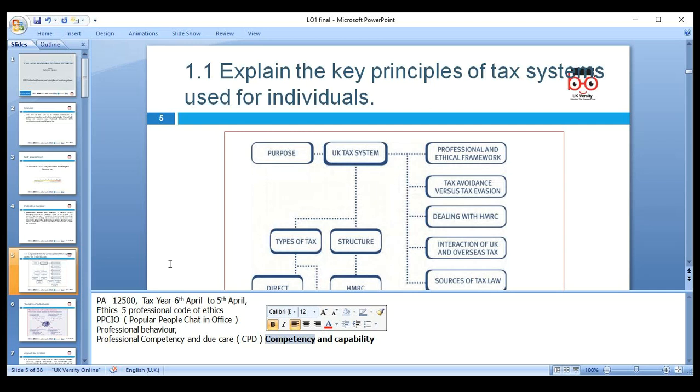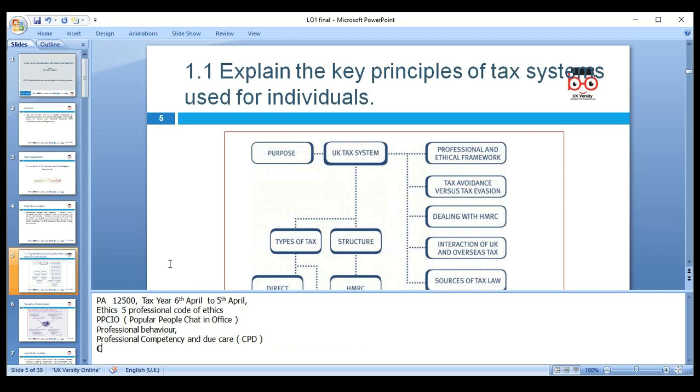Well done. So like when you pass your driving test, you're capable to drive, yes? But for a few weeks we need to display the newly passed driver plate on our car because we can make mistakes. So competence comes with experience, with knowledge. Knowledge will make you competent. So here we're looking at competencies. So that's why we need to carry on doing it every year, never stop.